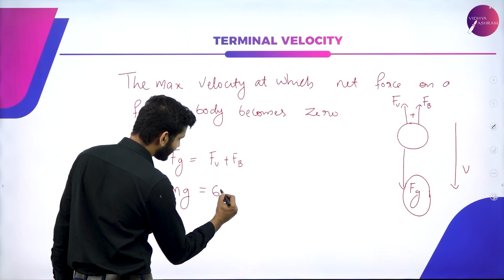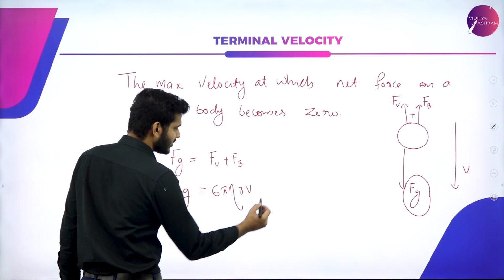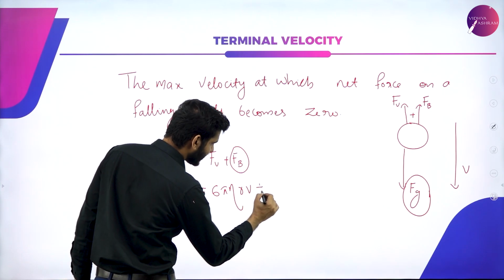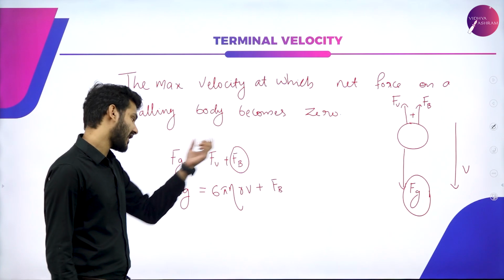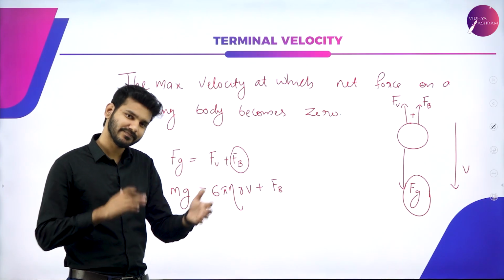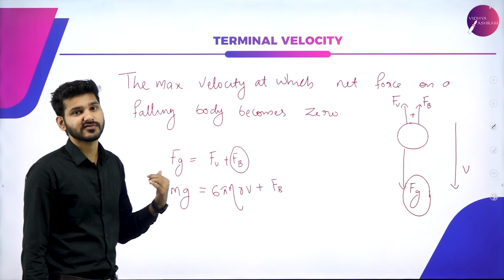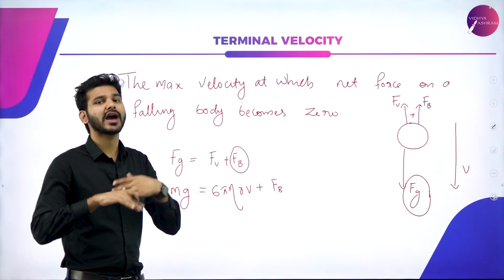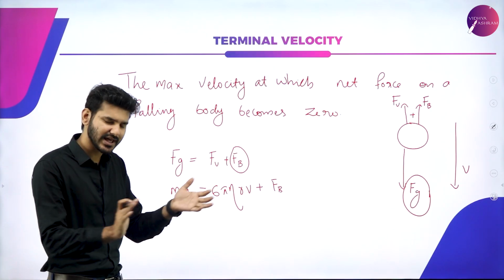Again, Fb, since it is a new force for you, just keep it like that. I'll tell you what the value of Fb is. It is actually the same value as mg, but again, just keep it like that. Since it is a new force for you, you don't have to learn it from scratch. Just understand this particular derivation. That will be enough.